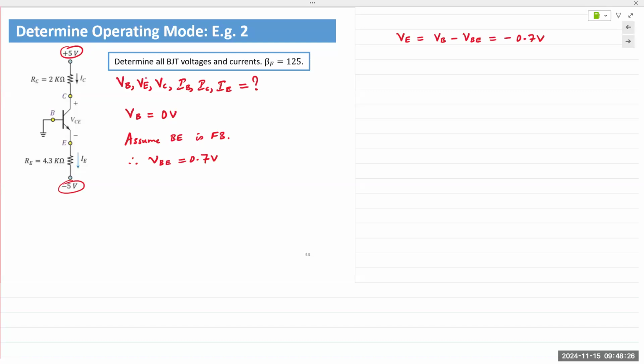And once you have VE, you can apply Ohm's law here to find IE.